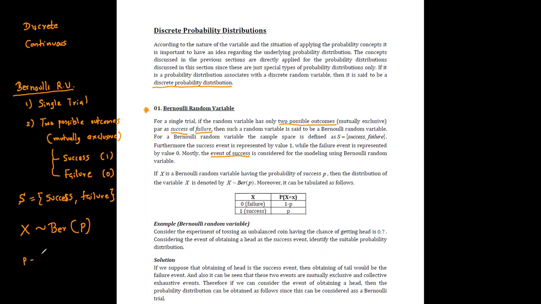Here we say that p is the probability of the success event. We are using the notation tilde to denote that it follows a distribution. Here we have the random variable, this is the type of distribution we have, and the parameters used in the distribution are mentioned here.